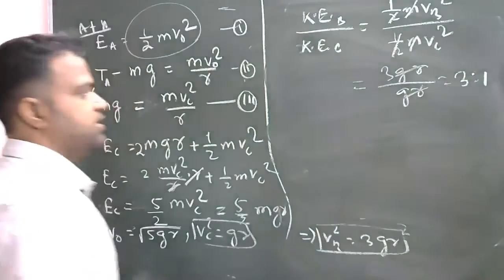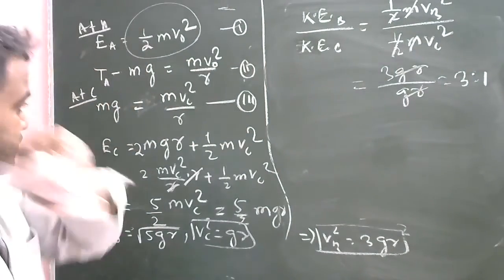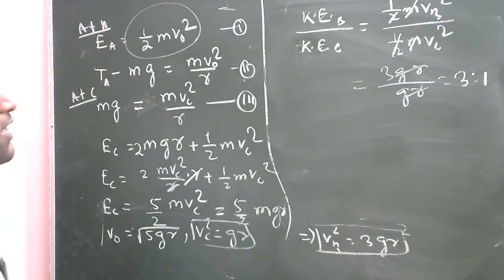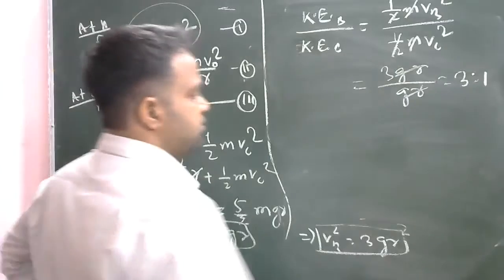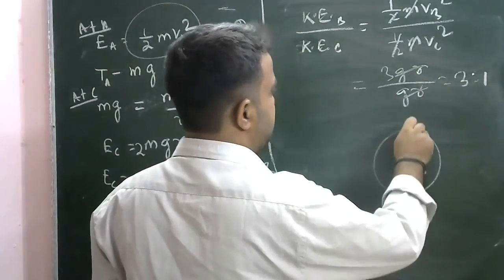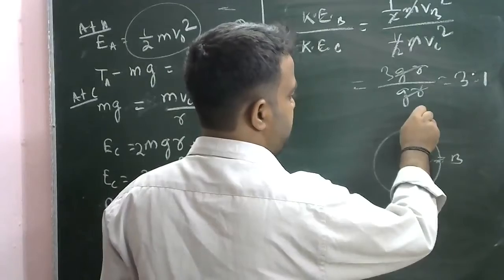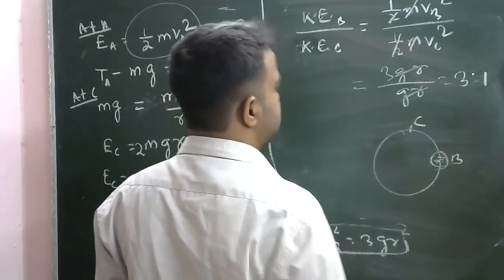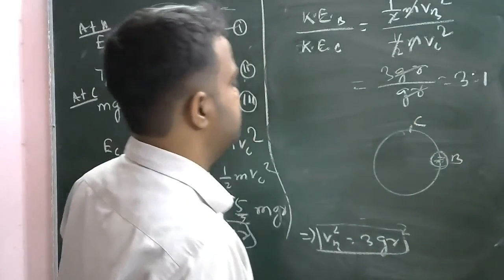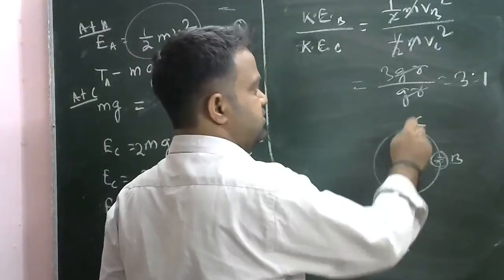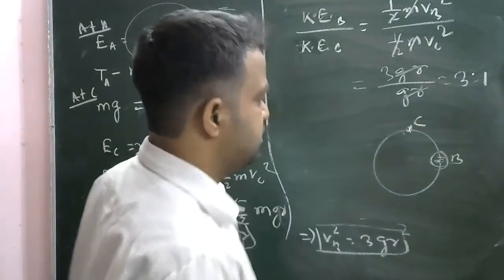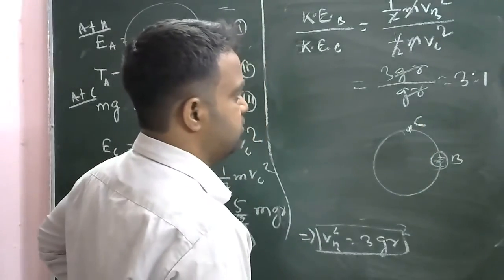So the ratio of kinetic energy at position B and position C is 3:1. That means the kinetic energy at position B is 3 times the kinetic energy at C. That means the kinetic energy is reducing gradually.